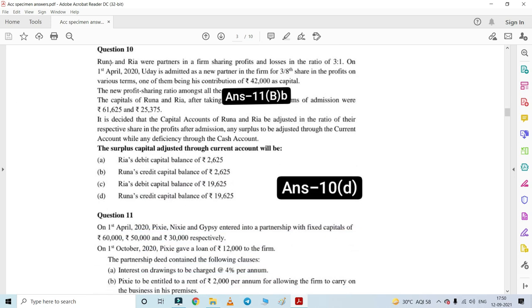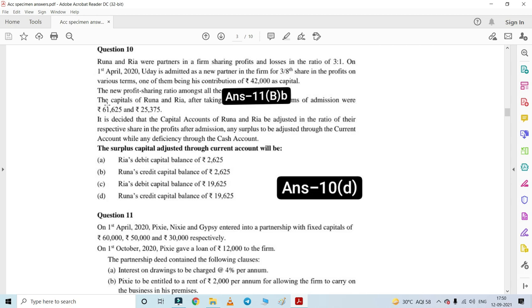Now question number 10. Runa, Ria were partners in the firm sharing profit and losses in the ratio 3 to 1. On the 1st April 2020, Uday is admitted as a new partner in the firm for 3/8 share in the profit on various terms, one of them being his contribution of 42,000 as capital. The new profit sharing ratio among all the partners to be 3 is to 2 is to 3.